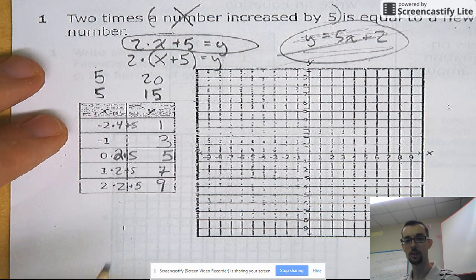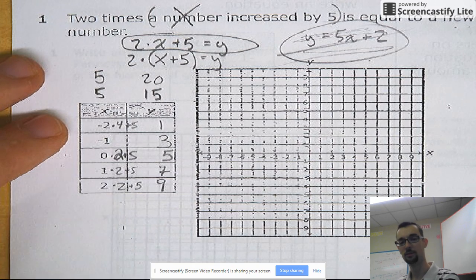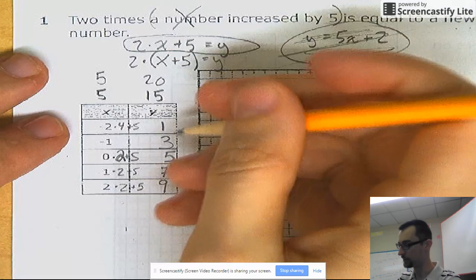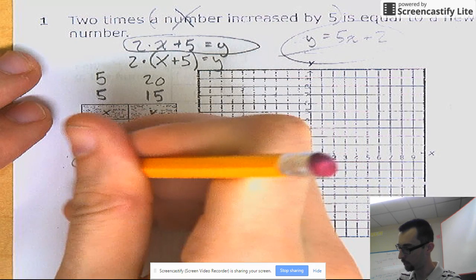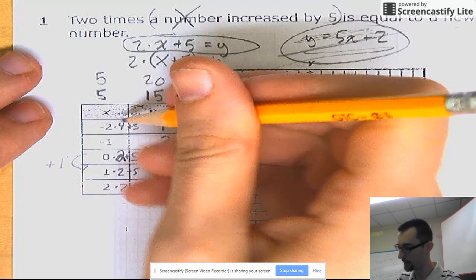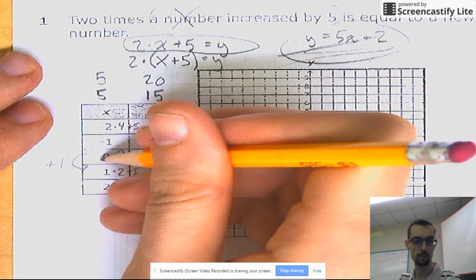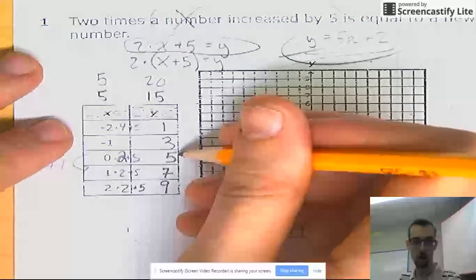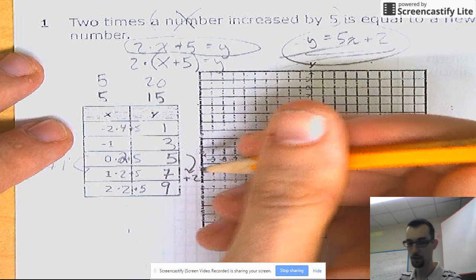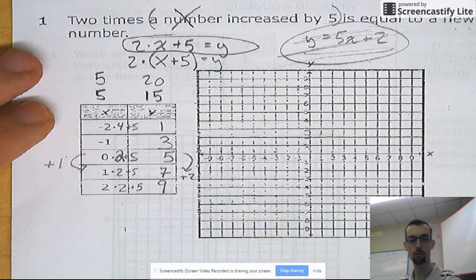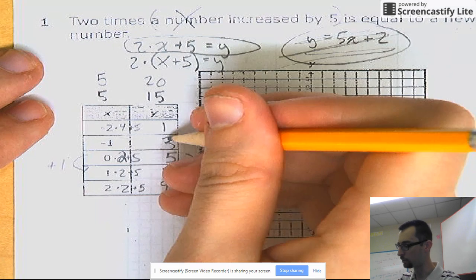So here are my points. I can see my pattern. In my table, my pattern is every time my x goes up by 1, right? Every time my x increases by 1, my y increases by 2. So we call that the constant rate of change. It's constant because it's always adding 2 every single time.